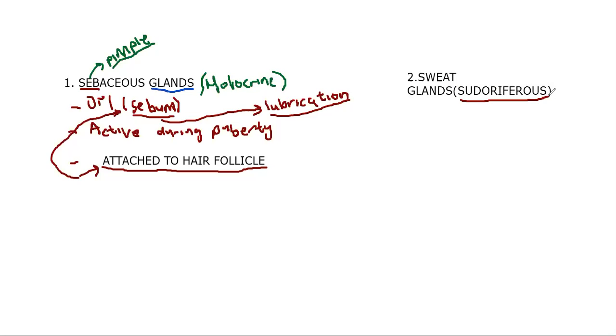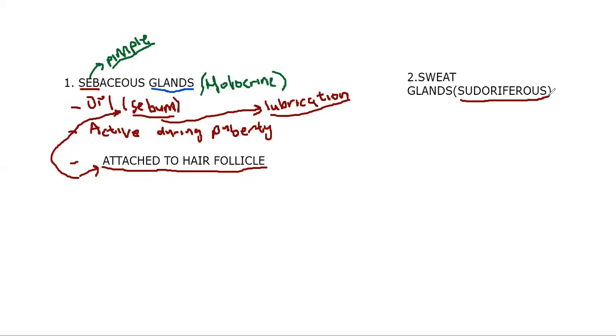So for your sweat glands, let me put it like this because I want you to tell me the answer. If the sebaceous gland cell has to burst, the whole of it has to burst to release its contents. We said that method is holocrine, holocrine method of secretion.